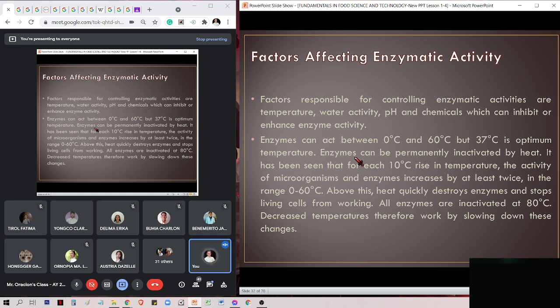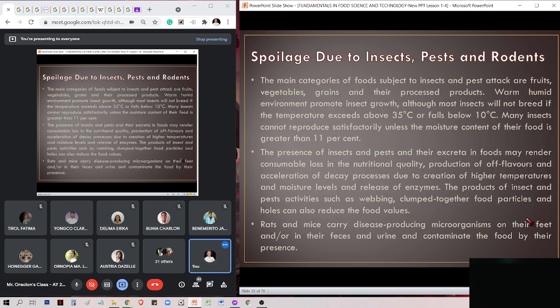It has been seen that for each 100 degrees Celsius rise in temperature, the activity of microorganisms and enzymes increases by at least twice, in the range of 0 to 60 degrees Celsius. Above this, heat quickly destroys enzymes and stops living cells from working. All enzymes are inactivated at 80 degrees Celsius. Decreased temperature, therefore, works by slowing down these changes.